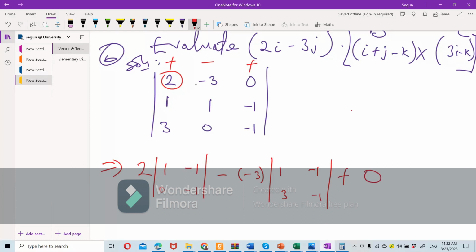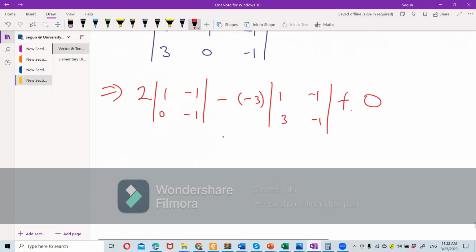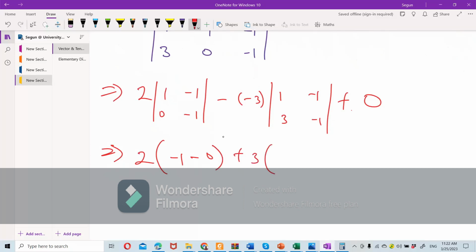Plus 0, because this is 0. 0 multiplied by anything is 0. So we don't need to disturb ourselves. You have 2 in brackets, -1 -0, minus times minus, +3. This is -1 minus -3.